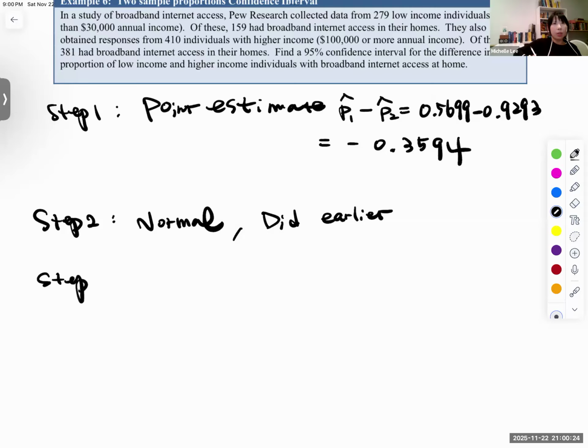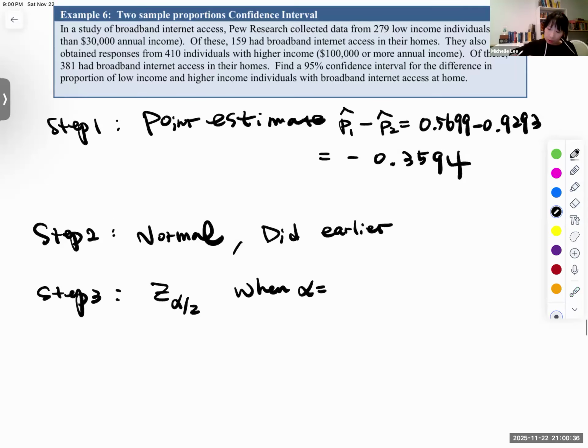Step 3, find the Z critical value. So when the confidence level is 95%, that's better, right?